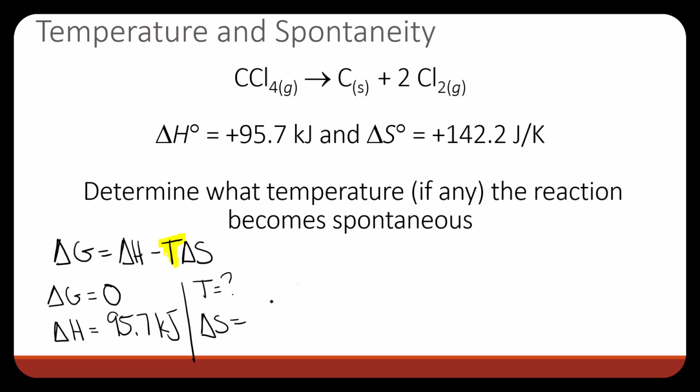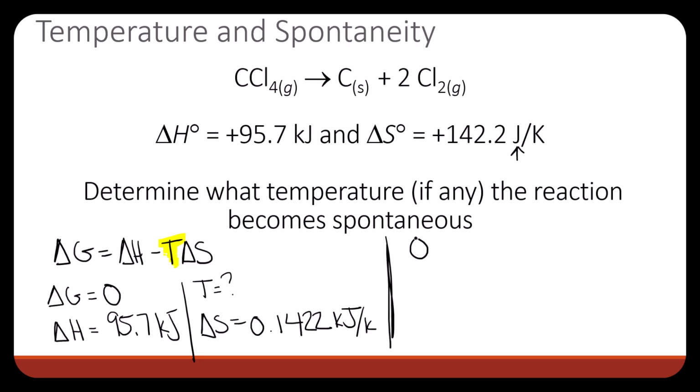And then the entropy change, remember this is one of those wonky things, is given in joules per Kelvin. So I want to make sure I change this to kilojoules. And again, if you prefer to change enthalpy to joules, that's fine. I just typically go to kilojoules. That's just my preference. All right, so now we've got all of our variables in their correct format. Now we need to plug it into the equation.